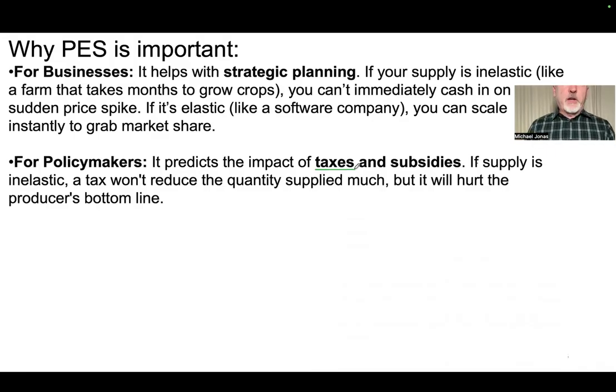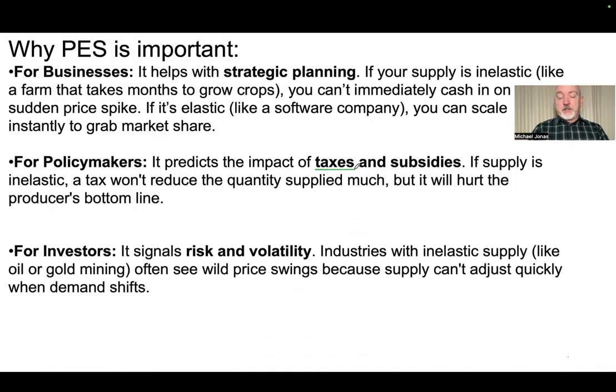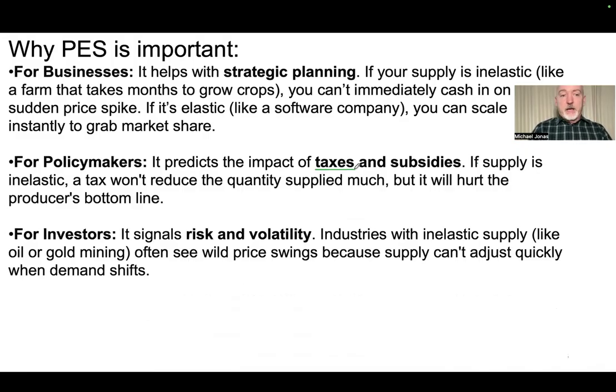So if we're doing this to try to discourage the production of a product due to, say, an externality, pollution, for example, it's not going to have much of an effect. It'll decrease the revenue of the firm, but it's not going to change the actual number of units being produced. So predicting the impact of policies on specific markets, you need to know the elasticities on both sides, the demand side and the supply side.